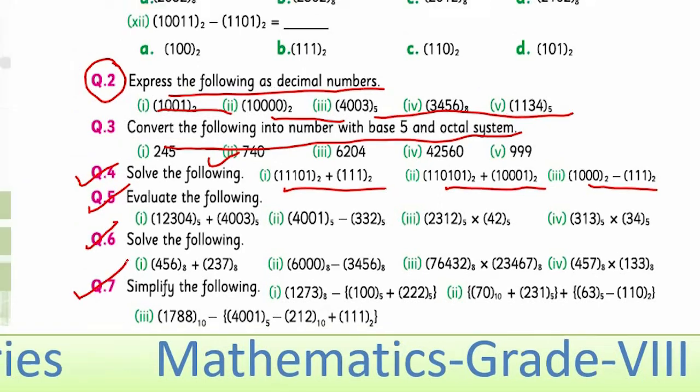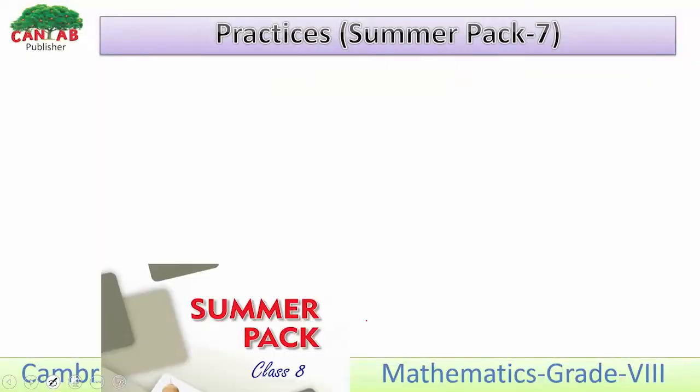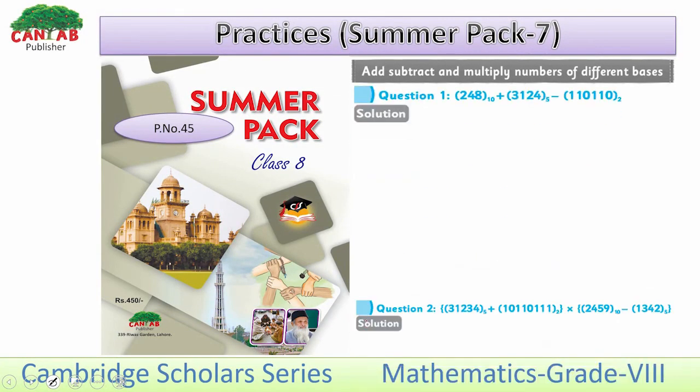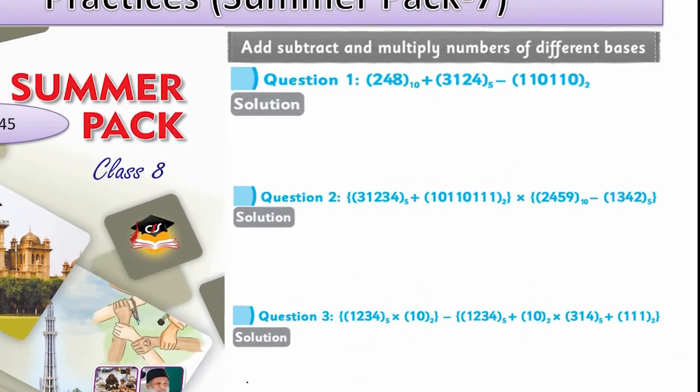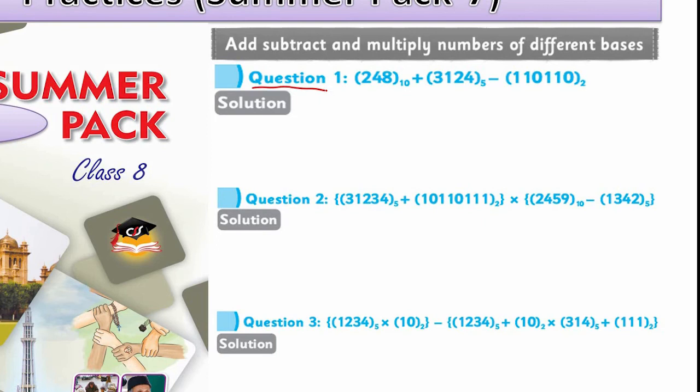Students, now come to the summer pack. Look here, page number 45, question number 1: 2, 4, 8 with base 10 and 3, 1, 2, 4 with base 5 and 1, 1. This is the binary number, this is the base 5 number system. So convert these numbers into the base 10 or decimal number system and then add the results.